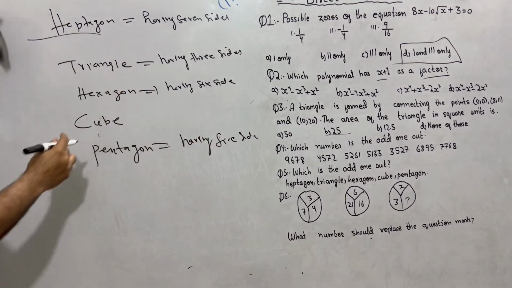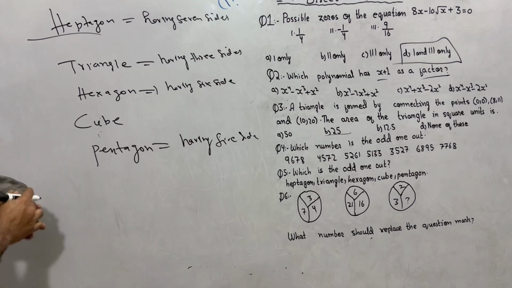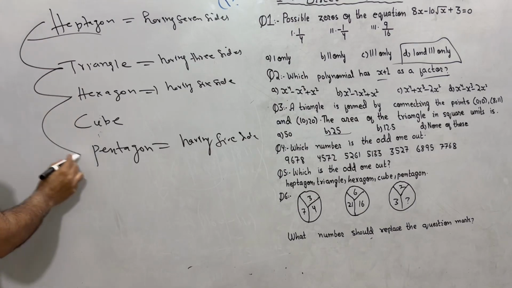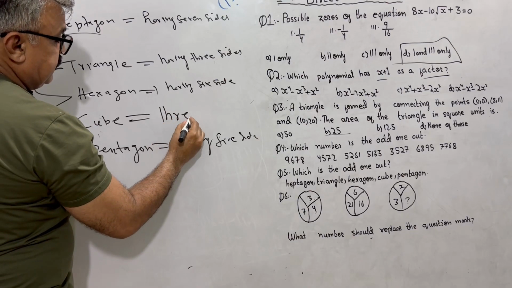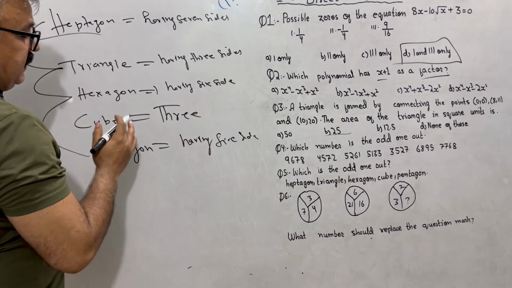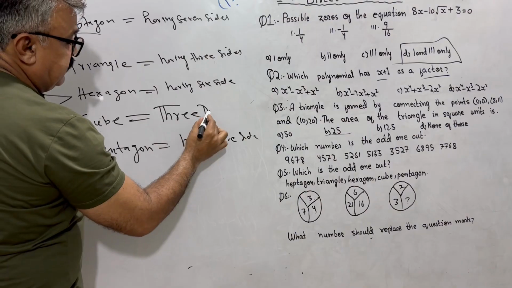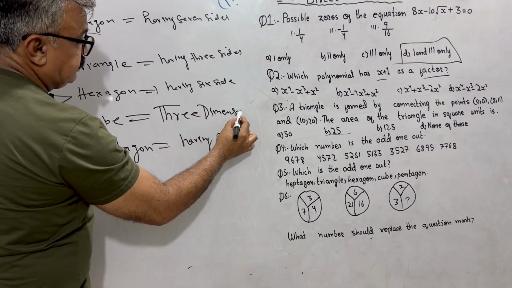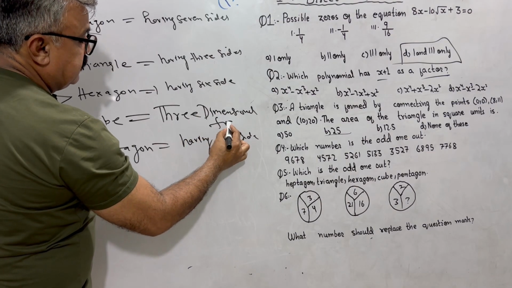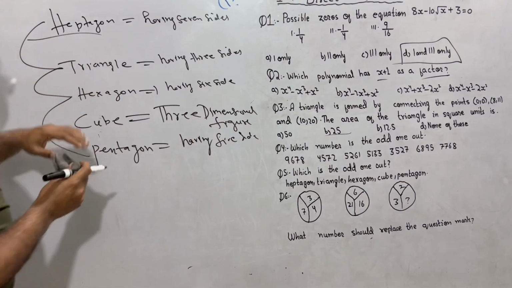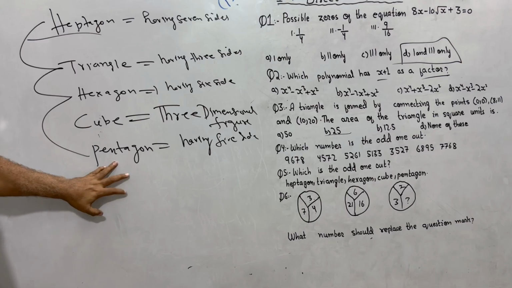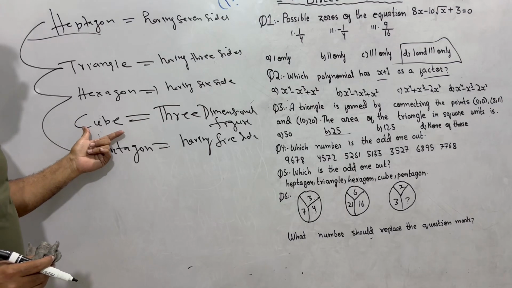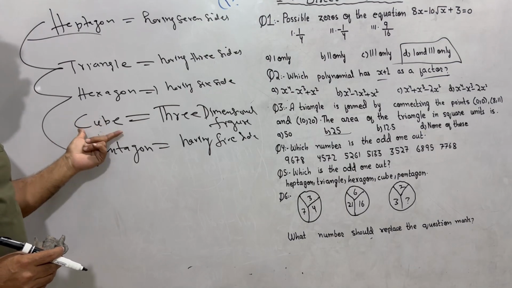They are two-dimensional figures. They have only area. What about the cube? A cube is a three-dimensional figure, having length, width, and height. Heptagon, triangle, hexagon, and pentagon have some area. A cube has surface area as well as volume.